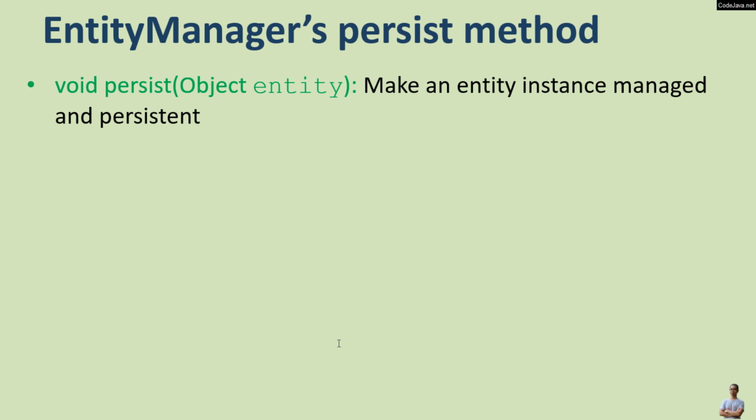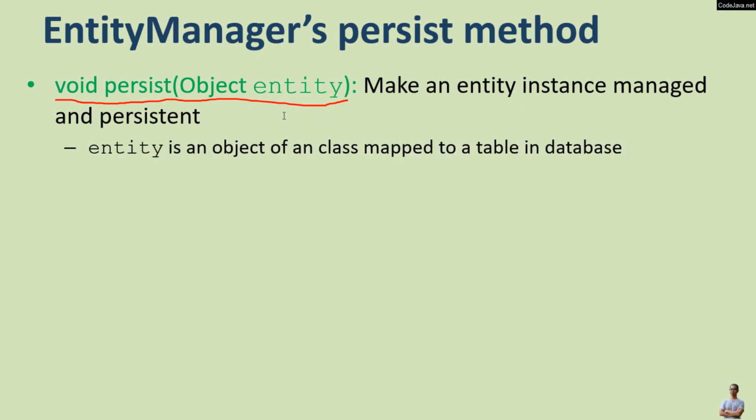Now let's understand the semantics of the entity manager's persist method. The JPA specification defines the persist method in the entity manager interface like this: void persist, with the object entity as the method parameter. It makes an entity instance managed and persistent. The entity object is an object of a class that is mapped to a table in the database.